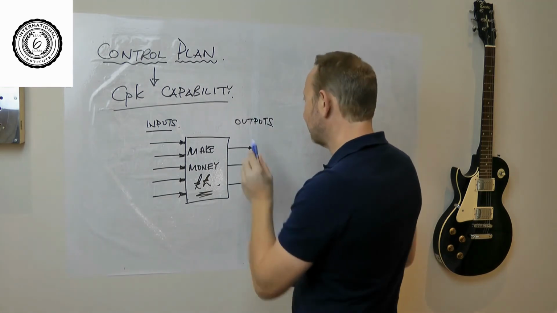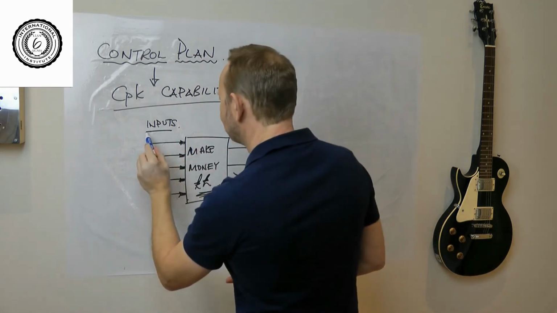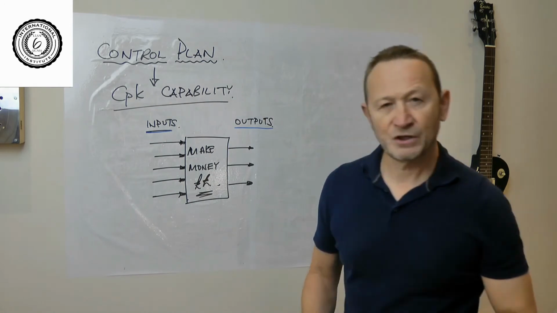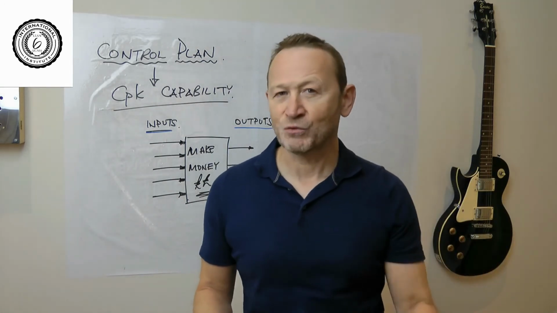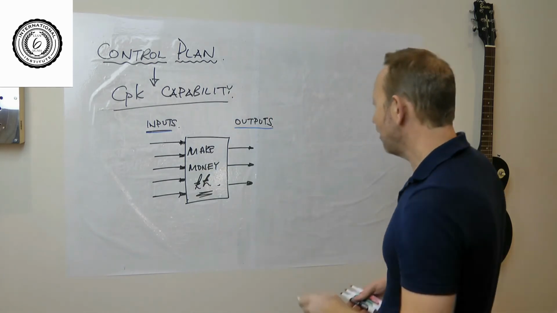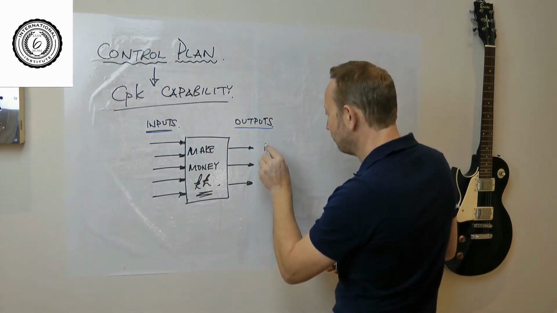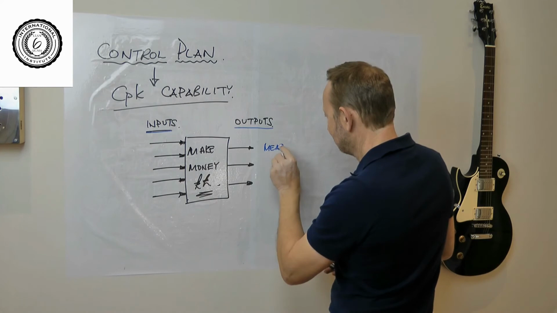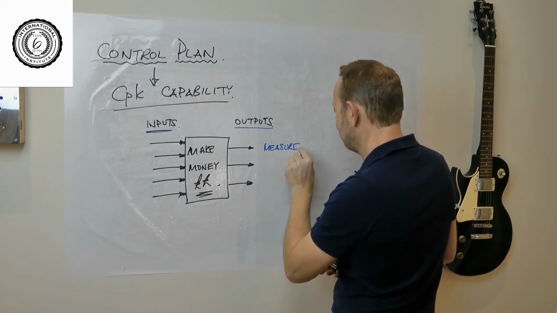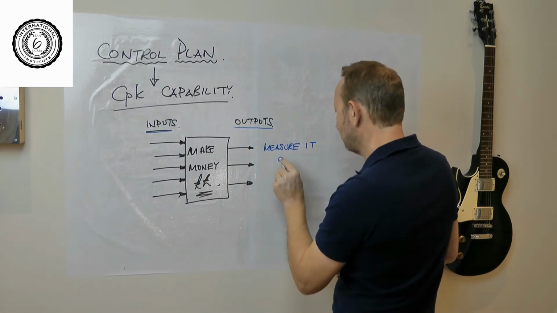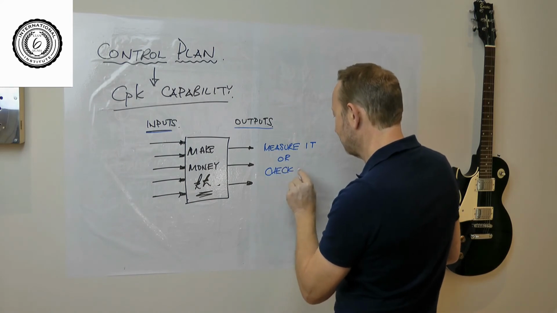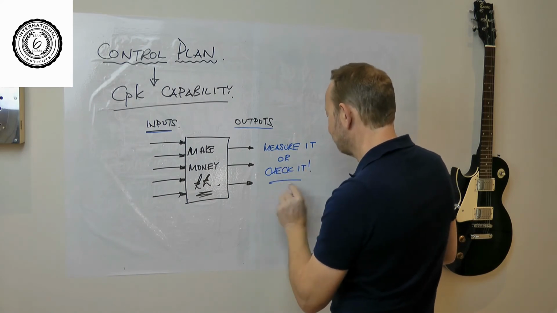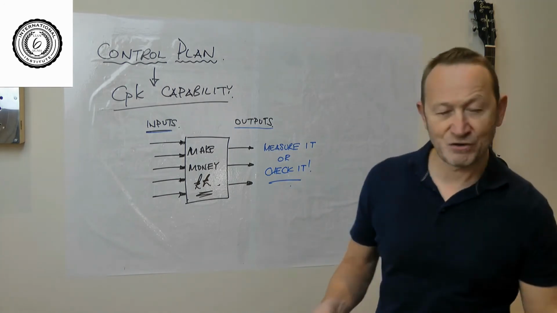Now I have to say, lots of control plans get obsessed with the output, and what they decide to do is to measure it or check it. Now that is not a control plan.